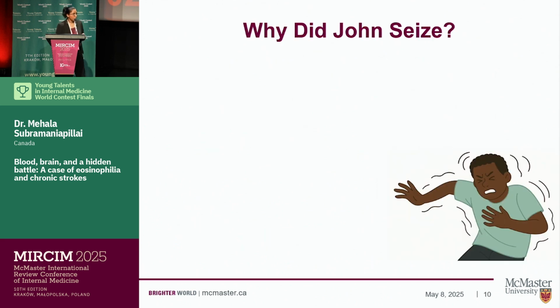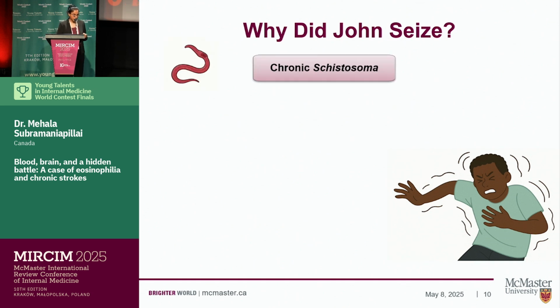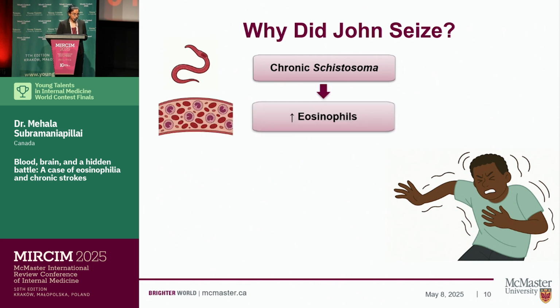So going back to our story, why did John seize? The most likely mechanism for this case starts with a chronic parasitic infection, which triggered a persistent immune response, leading to elevated eosinophil levels.